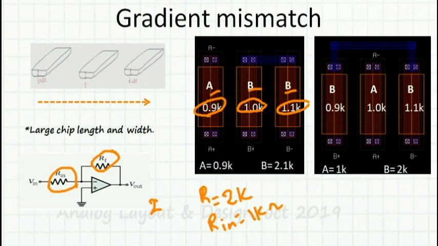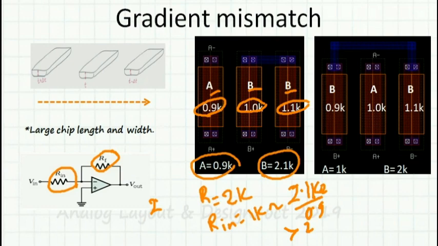Now the resistance A, which is nothing but Rin, is 0.9K, and the resistor RF, which supposedly should be 2 kilo ohm, is now 2.1 kilo ohm. So I have a gradient mismatch. If I take the ratio, it is 2.1 kilo ohm divided by 0.9, which is greater than 2.